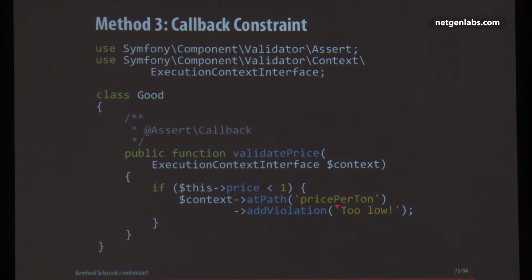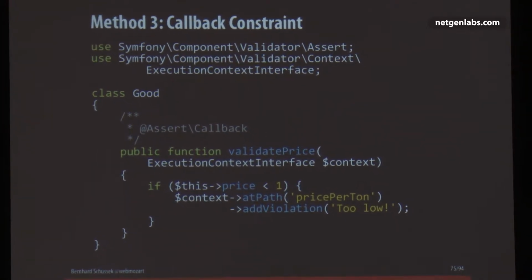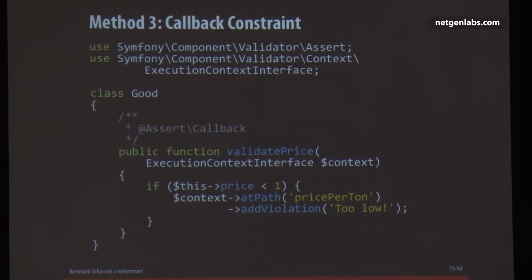And what the validator component does, it executes validation on an object. The result is a list of all the violations, constraint violations, and each violation has a path how that constraint violation was reached. If you, for example, have an object graph with a ship, and the ship has an associated mount point, the mount point has an associated equipment, and the equipment has a field name which is invalid, then the path of the violation would be something like ship, mount point, equipment, name.